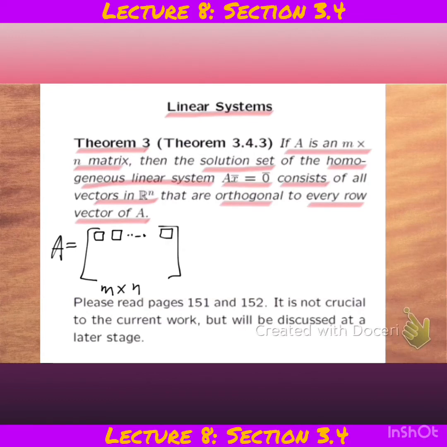Now, if you look at the vector x, an m by n matrix multiplied by a column vector x, how many rows must x have? x must have n rows, because it's m by n times an n by 1.